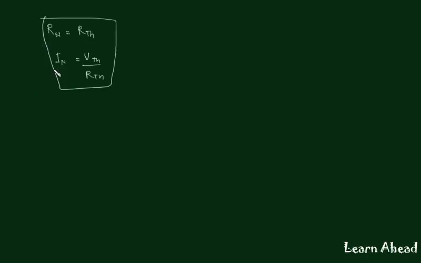Because of this relation, Norton's theorem is also known as the dual of Thevenin's theorem, and this can be understood very easily. Just suppose we draw the Thevenin's equivalent of the network taken in the example, it will be like this.